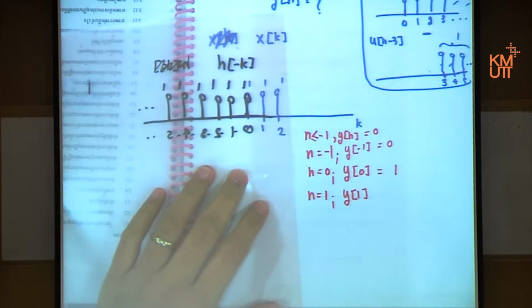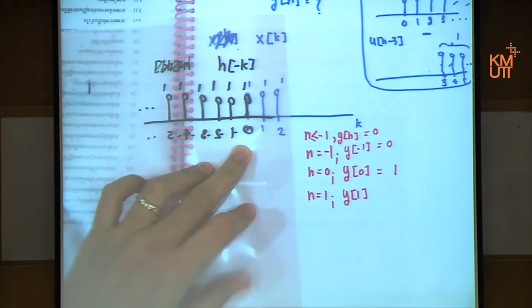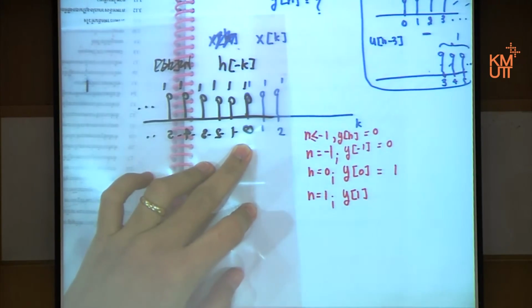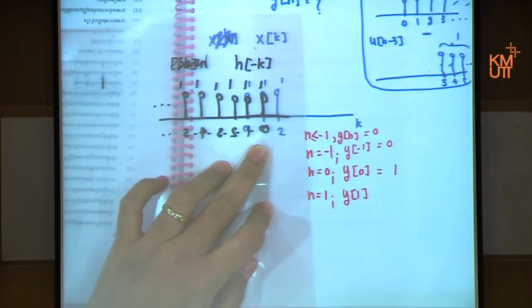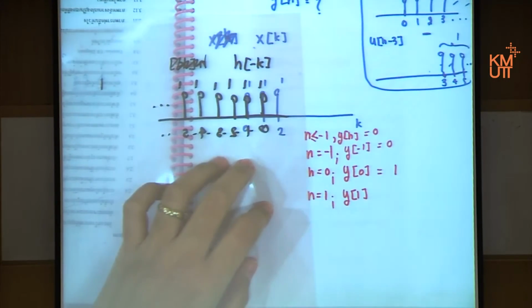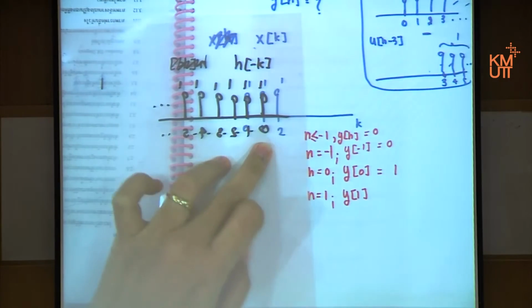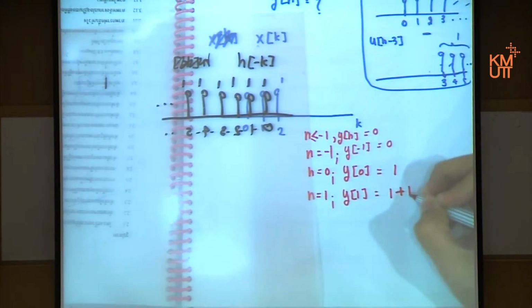So when n equal to 1, what happens? It is y[1]. Go back to the initial position here. When n equal to 1, it means that we move the black one to the right by 1 unit. You get this one. So there are 2 overlappings, right? 1 multiplied by 1 plus 1 multiplied by 1, so you get 1 plus 1, it is 2.